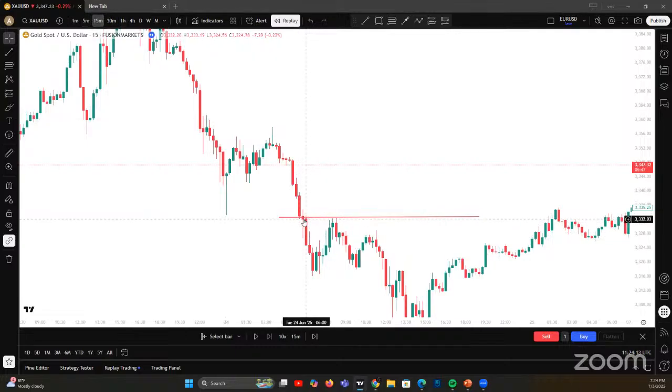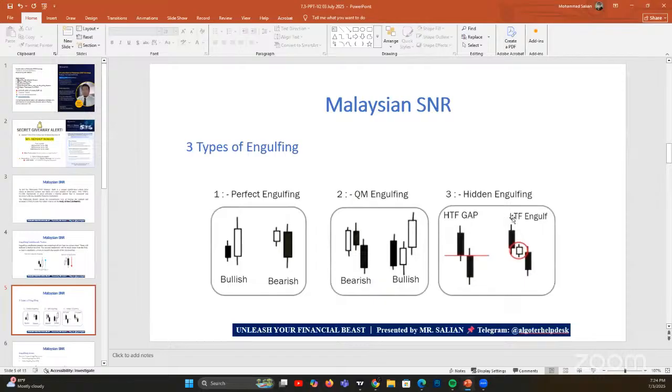You see this. This is the hidden kind of the. So there's always something lower in the hidden time frame. There's one candle in between this, and that's what makes this gap. All right. So those are the three types of engulfing.